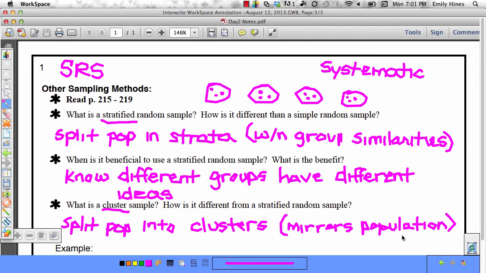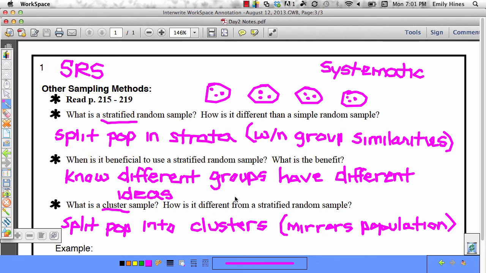For example, if I wanted to sample a school, I might cluster by homeroom, because homerooms generally have a variety of different people in them. You're more likely to mirror the school.